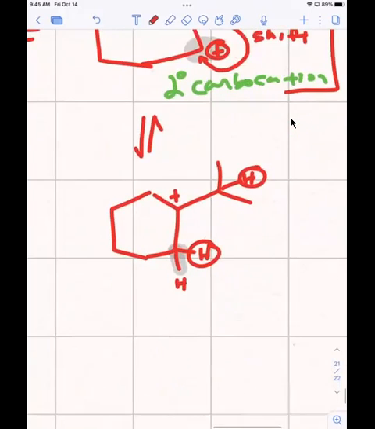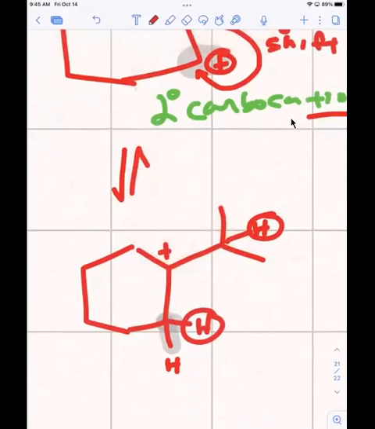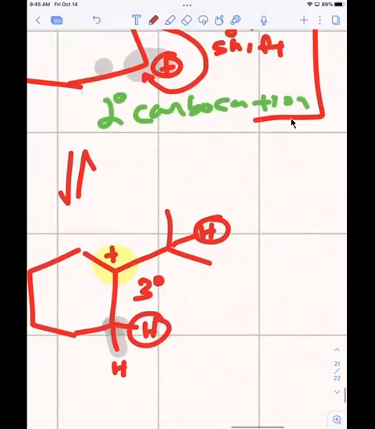All right. So we do a hydride shift, and that causes the carbocation now to move to here. And this is a tertiary carbocation, which is more stable. So now let's just say it's water.